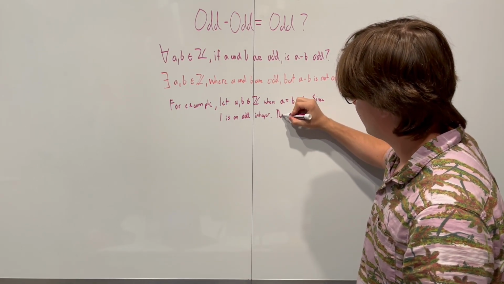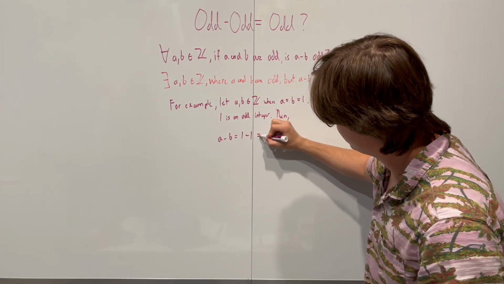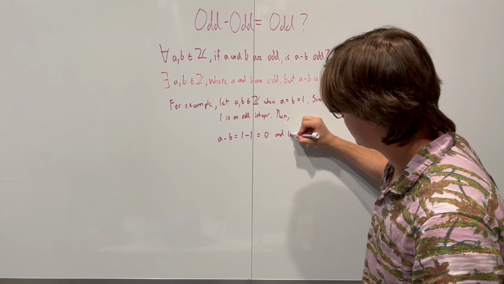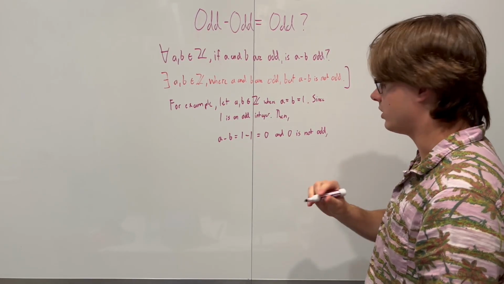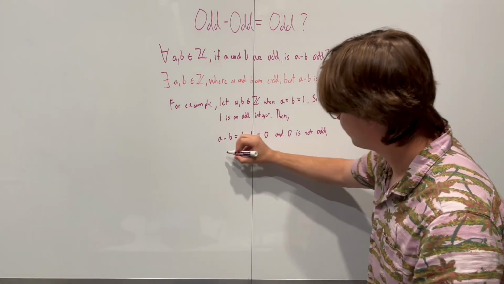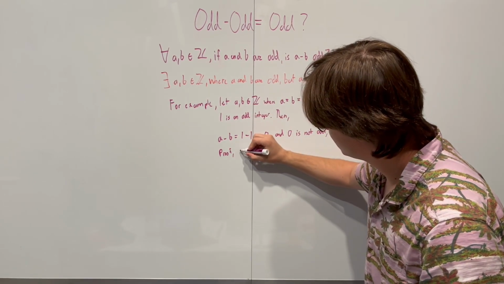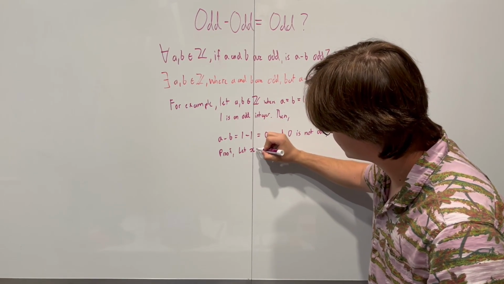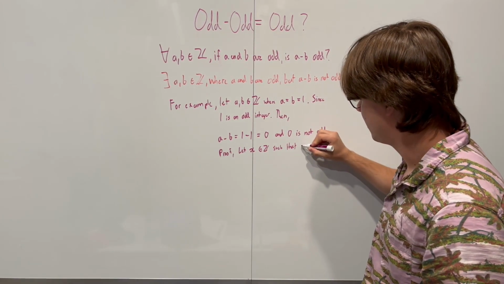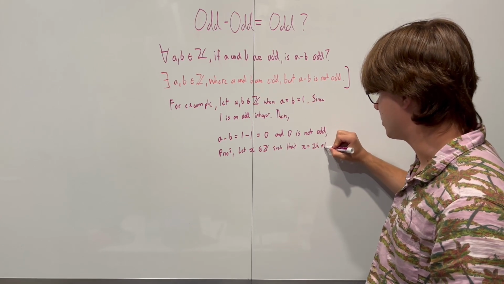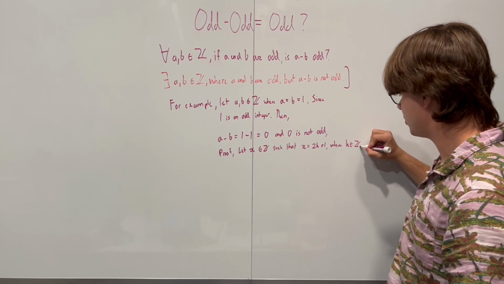We can then say, then a minus b is equal to 1 minus 1, which is equal to 0, and 0 is not odd. We can prove this by saying, here, proof: let x be an integer such that x is equal to 2k plus 1, where k is also an integer.